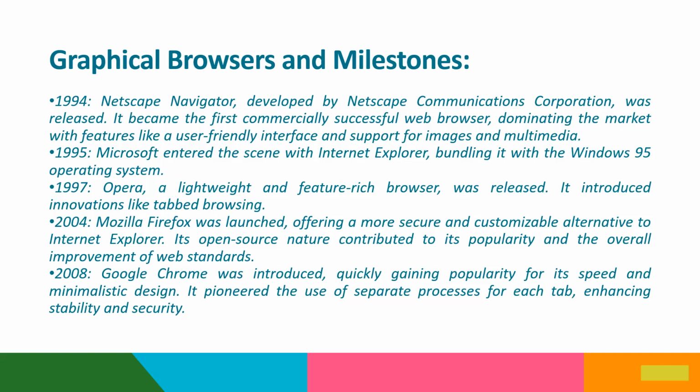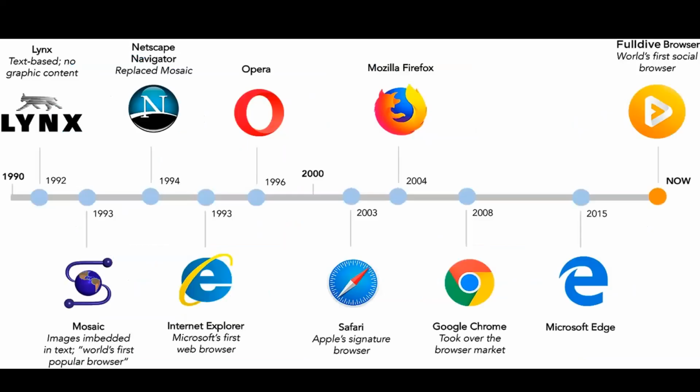Now Google Chrome is one of the most popular. This is the evolution starting from the 1990s till now. The ones you see on the screen are not the only web browsers; there were many more, but these were more popular among the world.